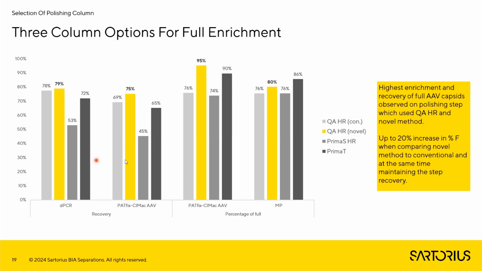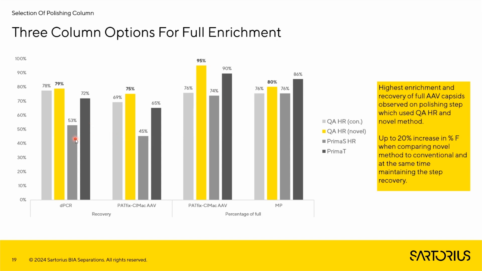If we look at the data, we see that the highest enrichment and recovery of full AAV capsids was observed with the novel QA HR line, which is the yellow bar. Another conclusion is that if we compare the light gray, which is the standard conventional method, versus the novel approach on the QA, the recovery is maintained, but the purity or percentage of full really increased, depending on the analytics, by up to 20%.